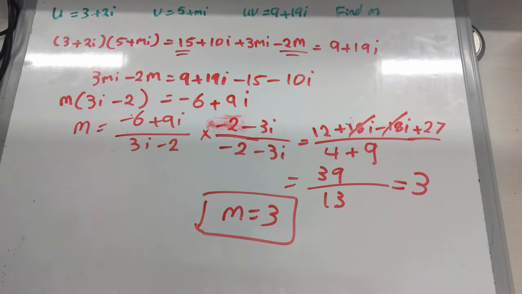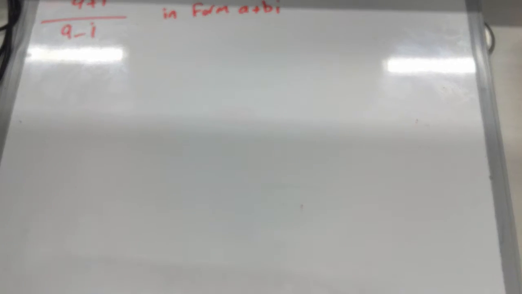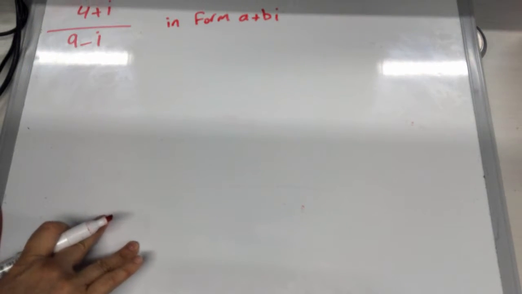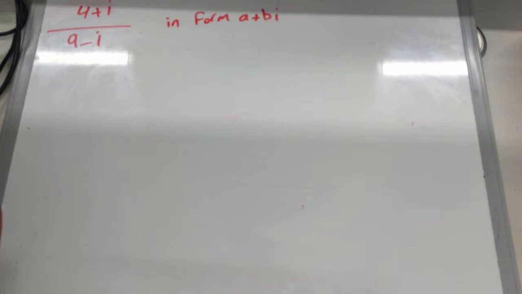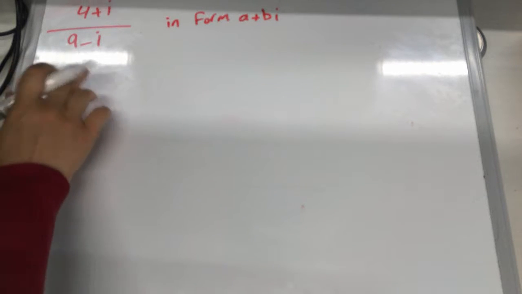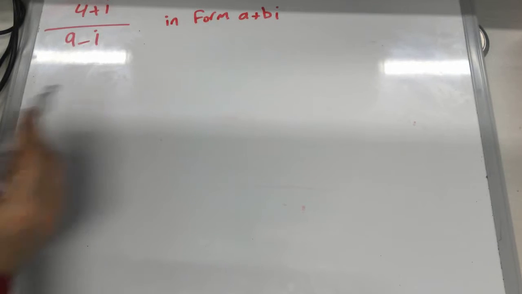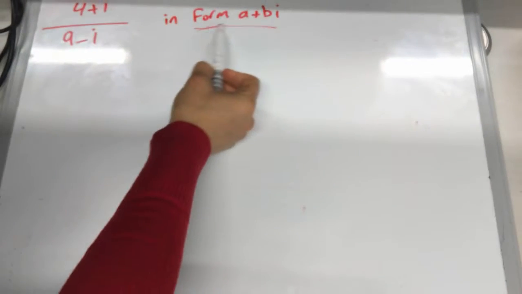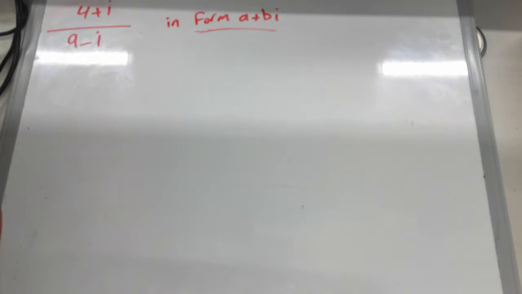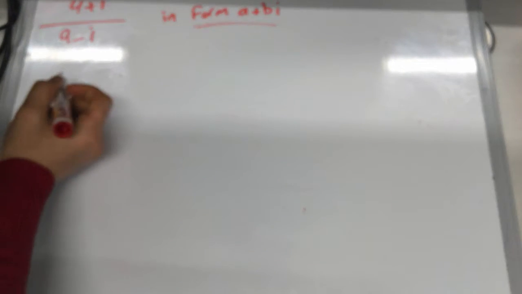Now the next question, we've got 4 plus i over 9 minus i, and we need to rewrite that in the form a plus bi. Because of that requirement, we're going to multiply by the conjugate of the denominator.